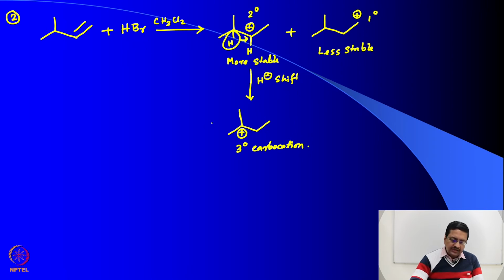So when Br minus reacts, it has three possibilities to react.